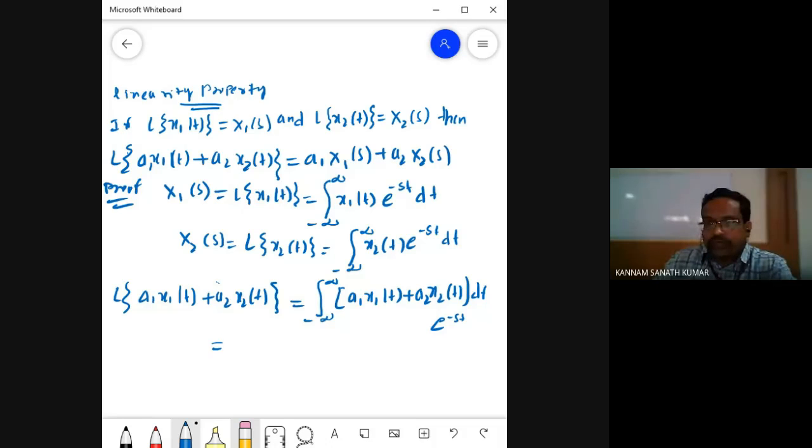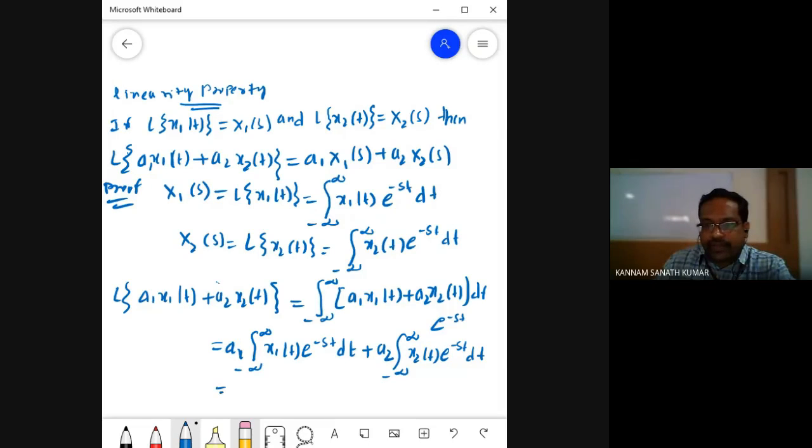Anyway, a1 is a constant, so you can write a1 into integration from minus infinity to infinity of x1 of t, you multiply, so that means what you are getting, e power minus st dt, plus a2 integration from minus infinity to infinity of x2 of t e power minus st dt.